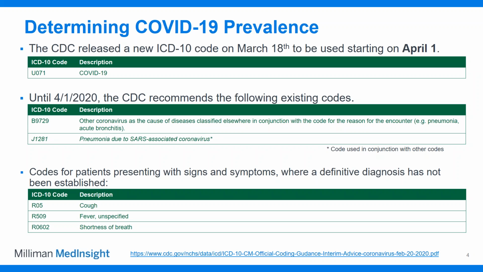And in fact, that code is being used in association with other indirect diagnoses such as pneumonia. And then there's an additional one, the J12.81, pneumonia due to SARS-associated coronavirus. And I've given you a link at the bottom here. That's the CDC source information, so you can see for yourself all of the detail there.